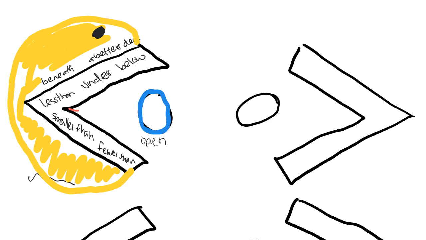The arrow points whatever way the inequality is going. So my arrow is a left arrow, and now it looks like he's eating that. I might write left arrow. So my arrow points to the left.